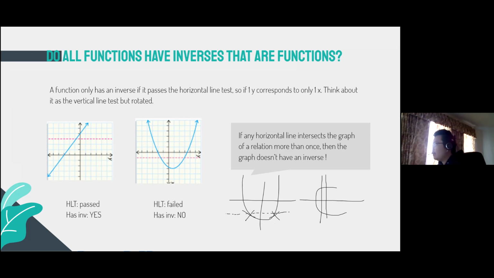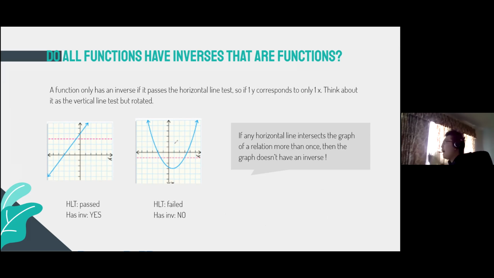And one way you can intuitively memorize the horizontal line test is you can realize that the horizontal line test is just the vertical line test flipped on x equals y, just like every other point on the graph. And we talked about how every point on the graph is a reflection on x equals y. So wouldn't the horizontal line test also just be a reflection on x equals y? Right? If I reflect this, it would be that. If I reflect this point, it would be this point.